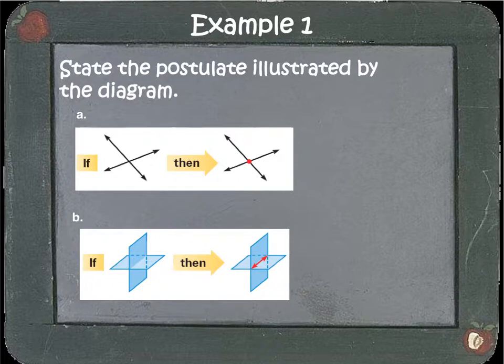Okay, so if two planes intersect, then they intersect at a line.